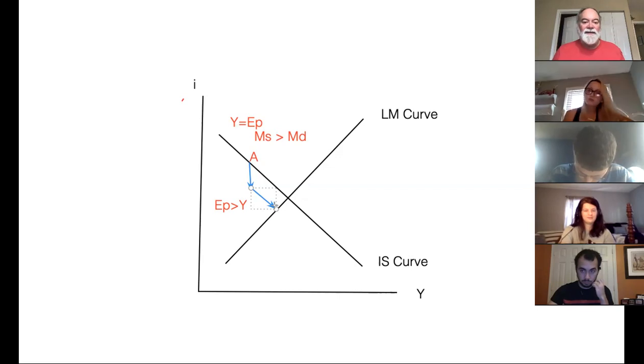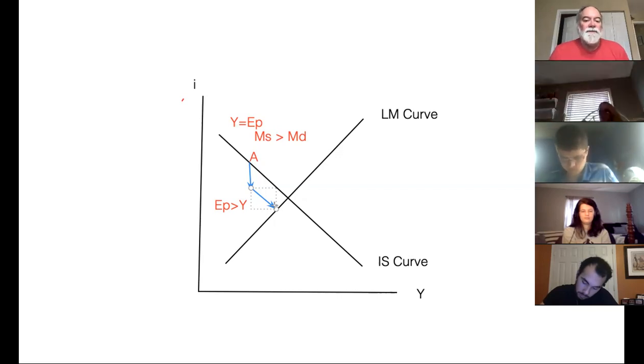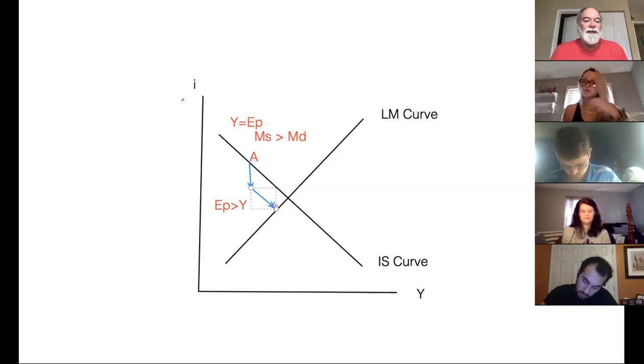They're happy. Interest rates stop falling. So what happens to our direction here? We stop going south. But because we're still under the LM curve, it's still the case that EP is greater than Y. It's still the case that GDP has to grow.